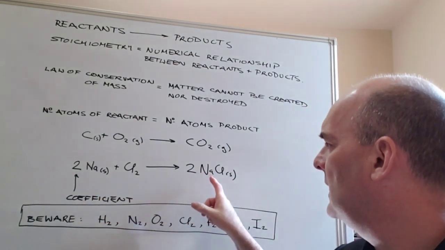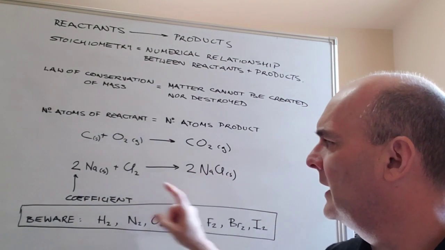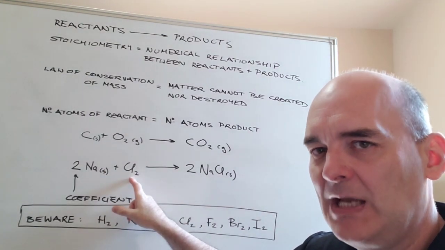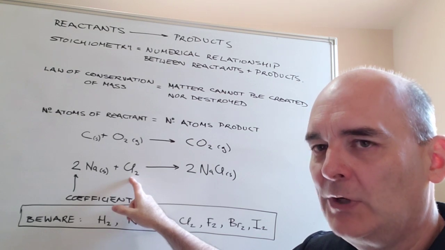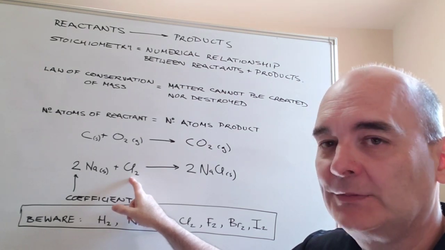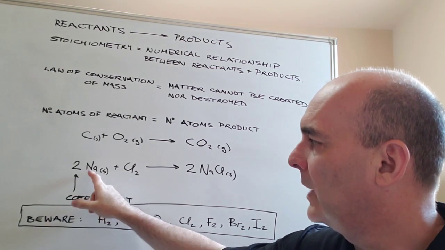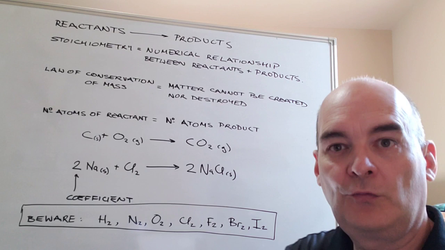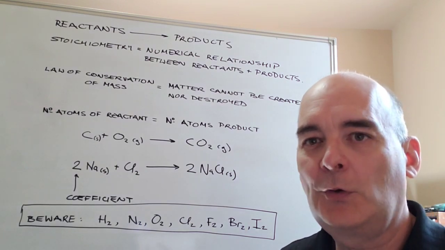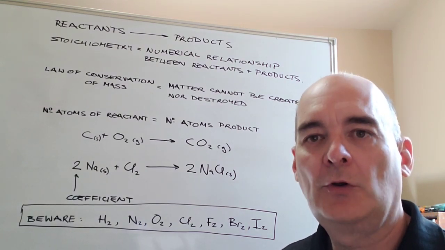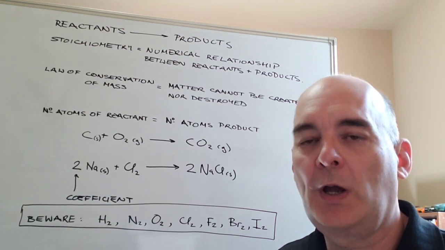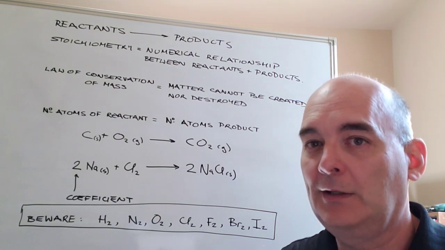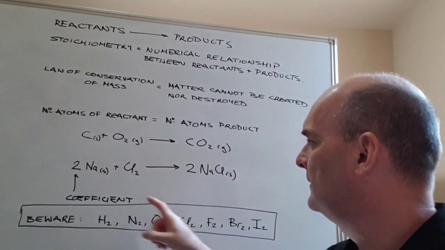Here, if I wanted to make sodium chloride, again, chlorine exists naturally as chlorine gas, which is two chlorine atoms stuck together. I've already learned that sodium is a +1 cation, chloride is a -1 anion, so that is a 1-to-1 ionic compound, sodium chloride.